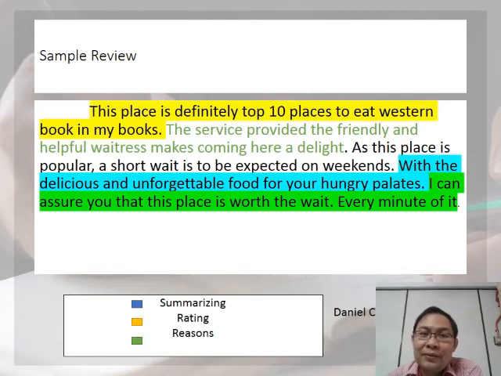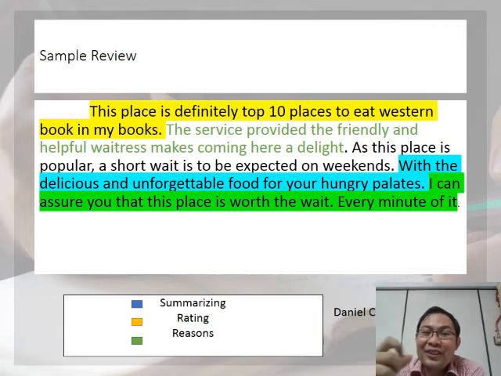Okay, based on what we have learned, the yellow part of the answer is the rating. It says here top 10 places. Then you have the blue part. The blue part is a summary. Remember the previous paragraph we were talking about how good the food is.